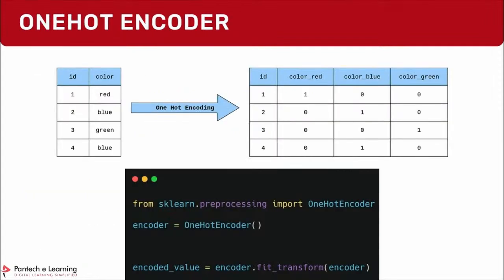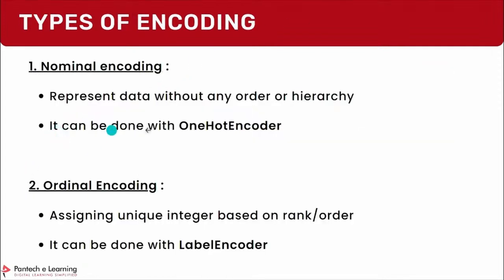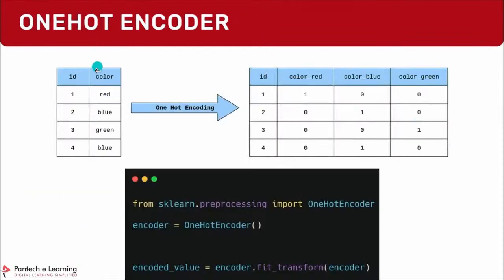Talking about one hot encoder, it will assign just ones and zeros without any order or hierarchy. If you have a column of color, which is red, blue and green, for each unique value you will be getting a new column. If you have red, that column will have 1 and the remaining will be 0.